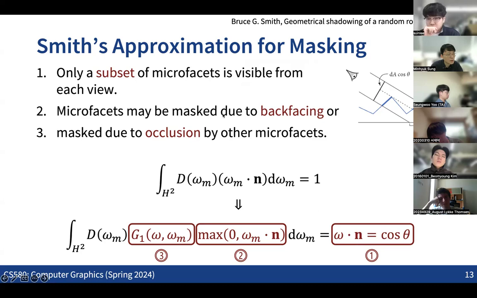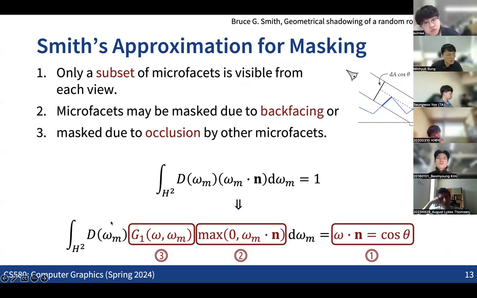And also some of the microfacets, which are masked out because of backface culling, are incorporated by taking the max here, right? So if the angle between these two directions is greater than 90 degrees, then we just ignore those microfacets. And to model the occlusion of microfacets by others, we are introducing another term, the G term here, which describes the occlusion across the microfacets.